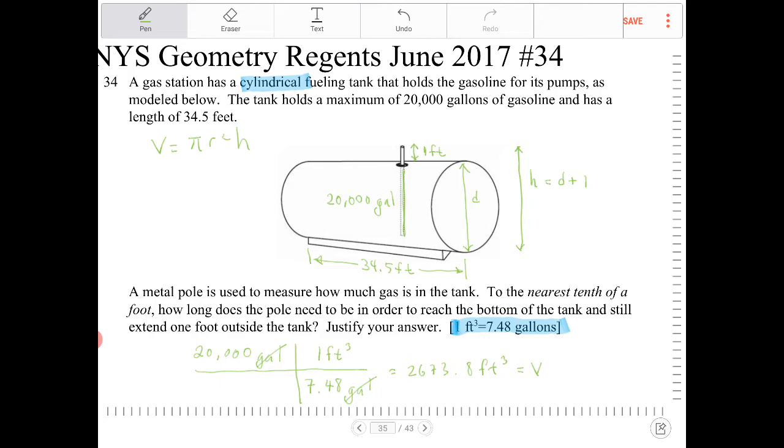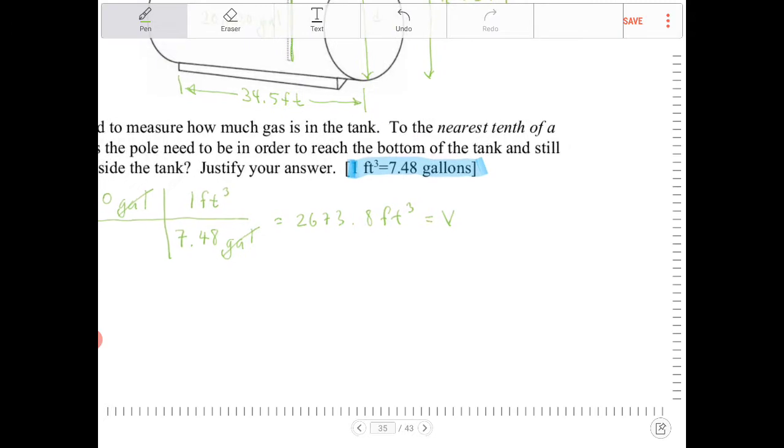This is what I'm trying to find at the end. I do know the height of the cylinder, which is 34.5. So 2673.8 will equal pi times the radius squared times 34.5. I can now solve for r by dividing both sides by 34.5.